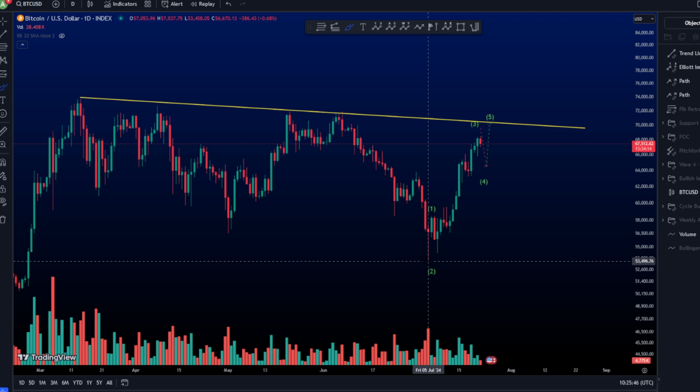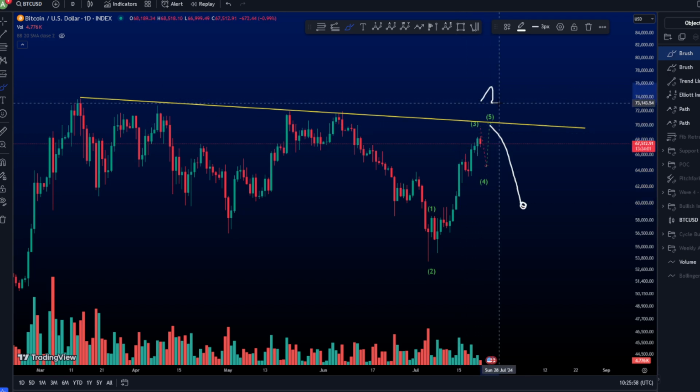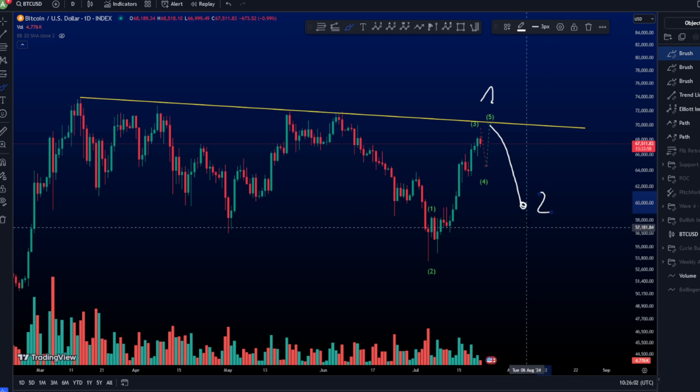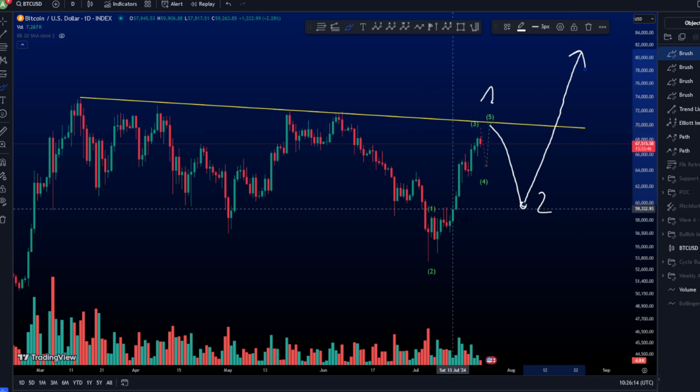So after having 5 waves up, expect of course a pullback for a wave 2, because the whole 5 waves now are going to be considered as a wave 1, and from wave 2 we are expecting a stronger and explosive wave 3 towards a new higher high. Okay, so these are the expectations.